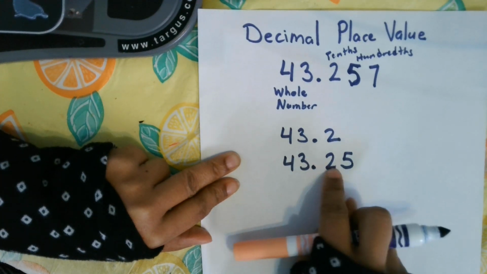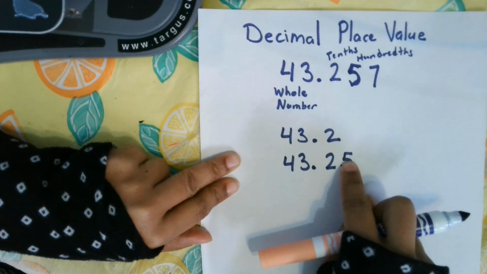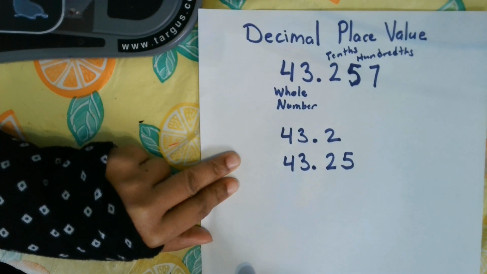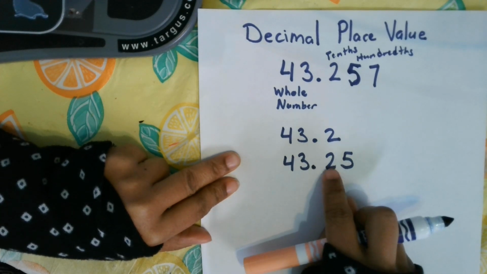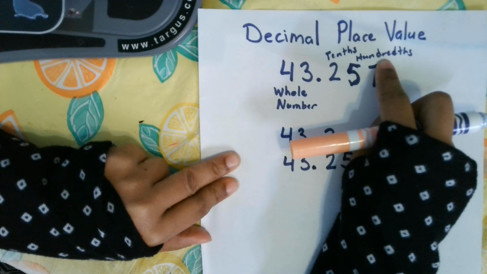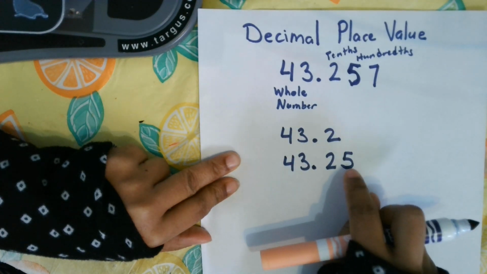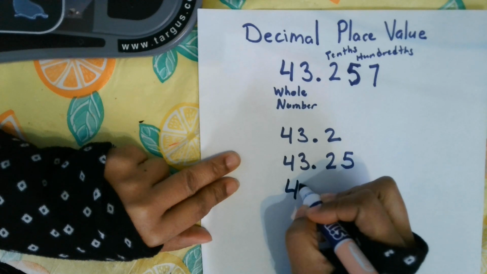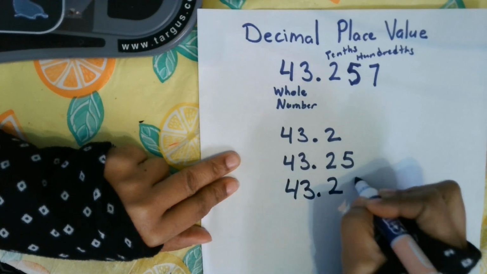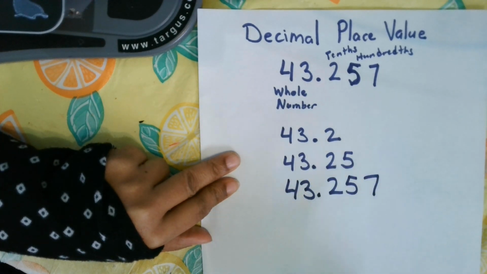The last place value here is in the hundredths place. So if I was to read this number, it would be 43 and 25 hundredths, because hundredths is the last place value. Now let's try it by adding that last 7.